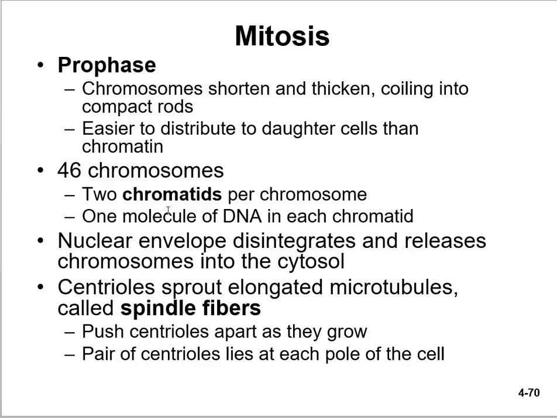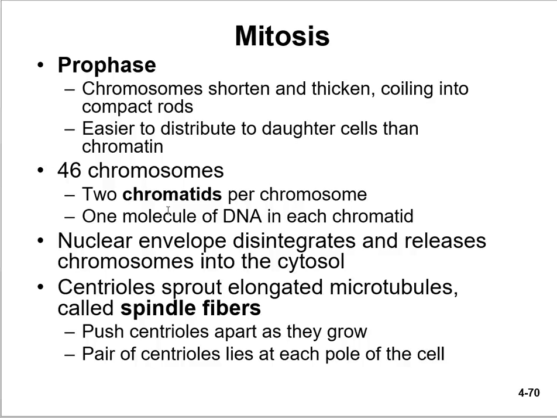Doing this makes it easier to distribute DNA to the daughter cells than it would be with just the chromatin alone. This happens to our 46 chromosomes, 23 from mom, 23 from dad. We'll know that they've been duplicated because the chromosomes will appear as the doubled sister chromatid form.